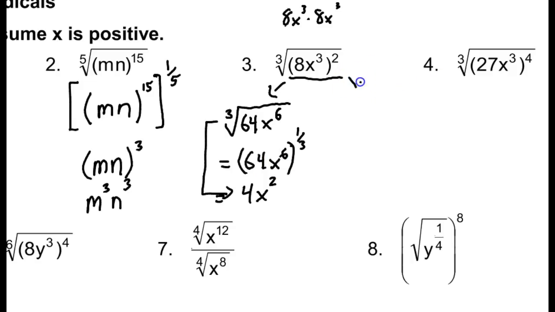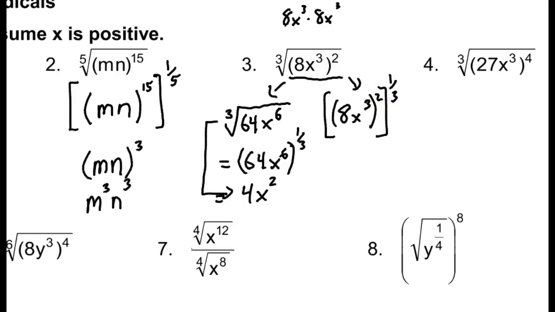Okay? Another method, you don't have to have both of these, but another method is just to, from the very beginning, go ahead and make it to the 1/3 power. Right? And I'll show you a little trick. Because of the commutative property, it doesn't matter which order we multiply by, right?